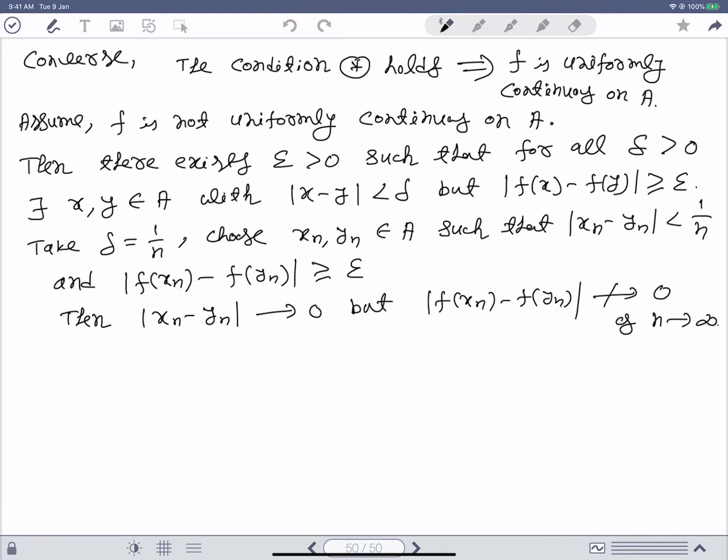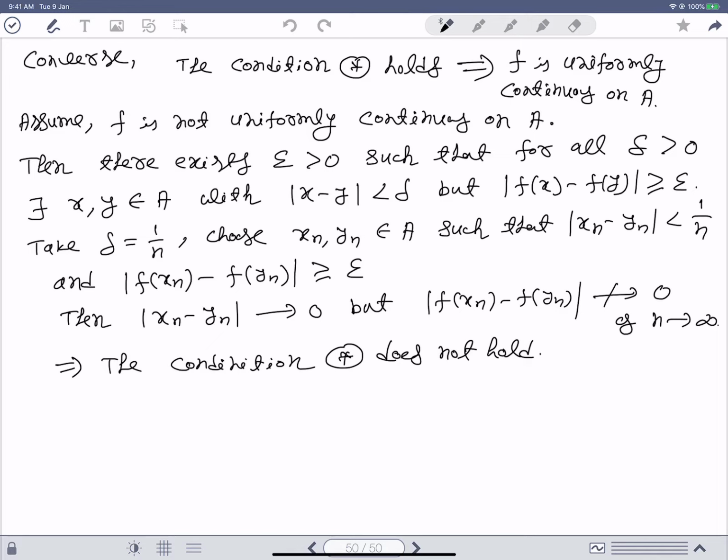So this is a contradiction. So that implies the condition star does not hold. So we assume that f is not uniformly continuous on A, and we prove that the condition star does not hold.